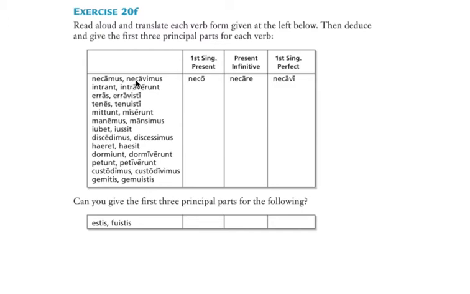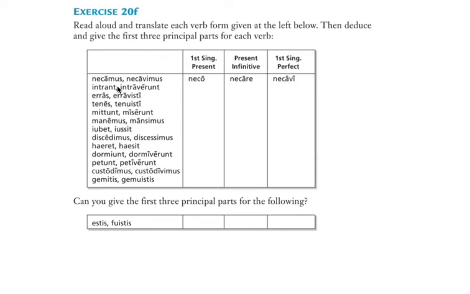This happens to mean we killed. And we know that imos is just the first person plural ending that has been added on to what is called the perfect stem. So nekav is the perfect stem, and onto that in this column just goes a long I, which shows I. The long I means literally I did something. In this case, I killed.